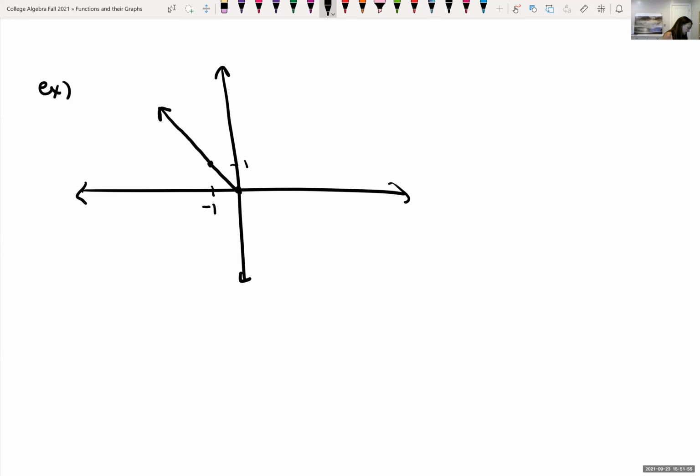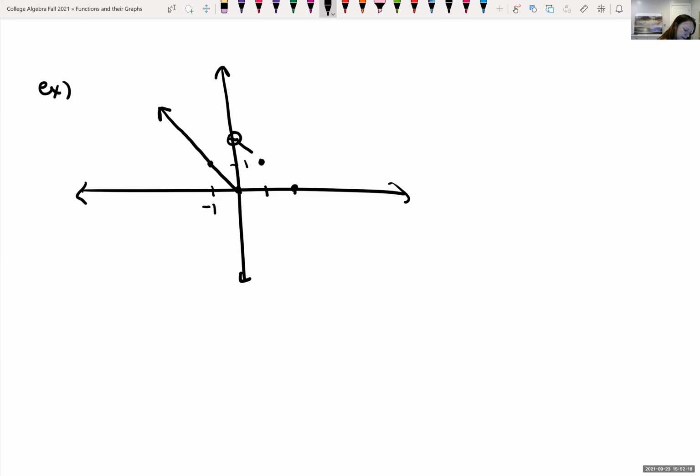The next one, we have a point at (1, 1). We also have a point at (0, 2), except it's open. And we have a point at (2, 0), and it's closed.